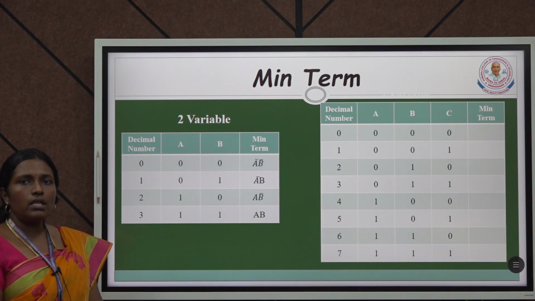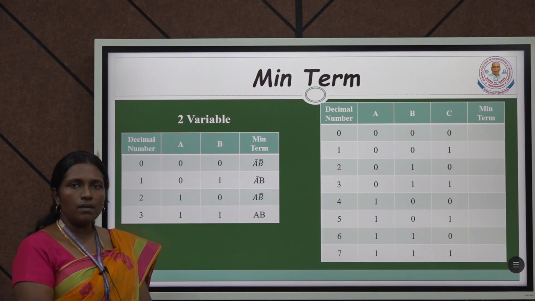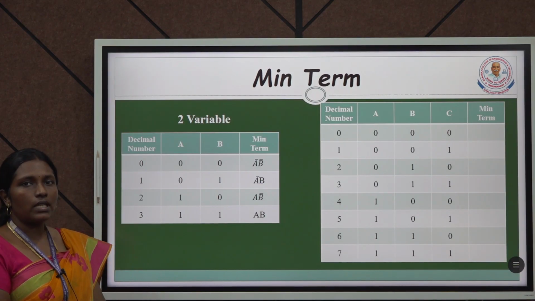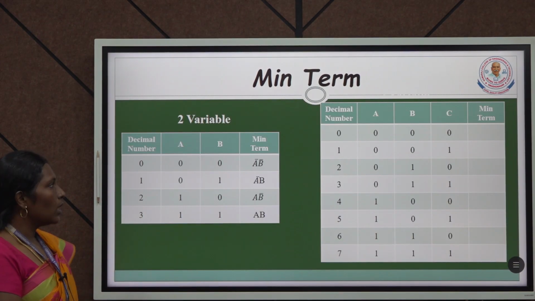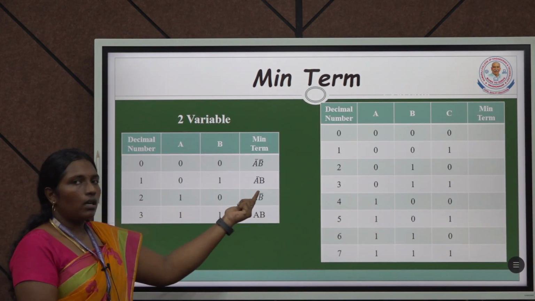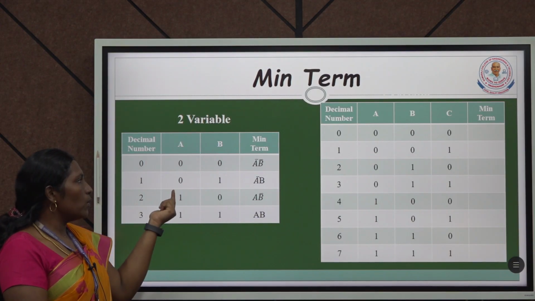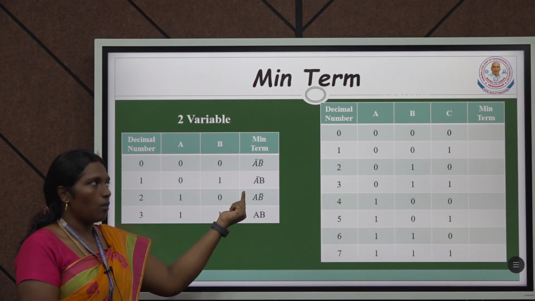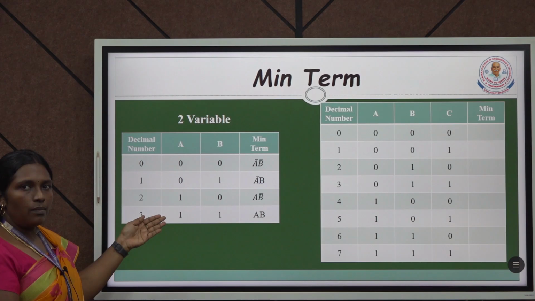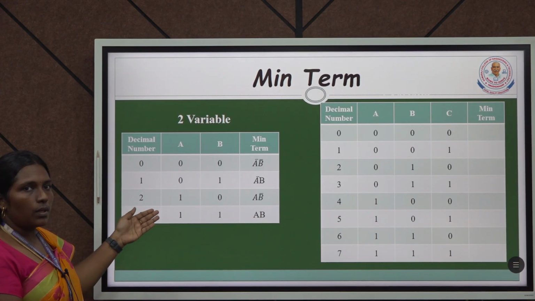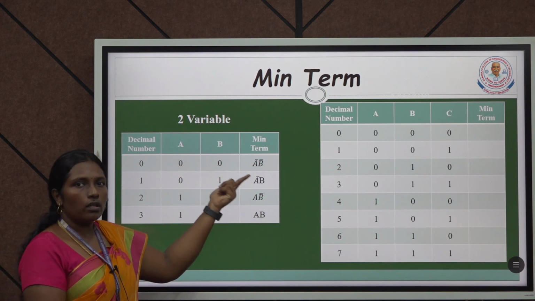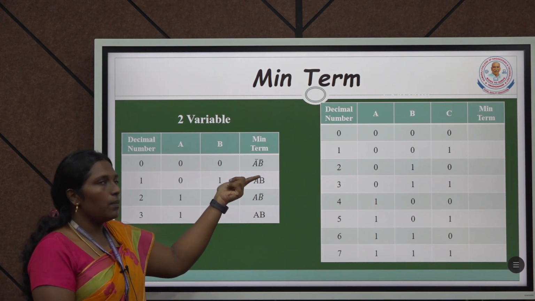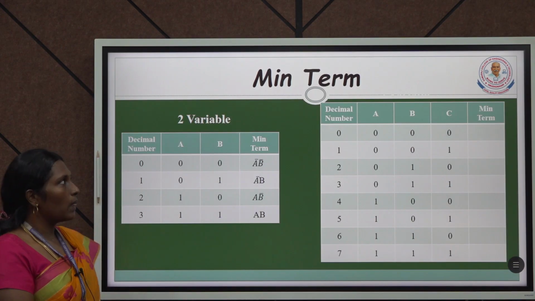A min term consists of the outputs as 1, so we will be calculating for 1 in min terms. 1 is in uncomplemented form and 0 is in complemented form. If you see the truth table, you can understand that 0, 0 is mentioned as a bar, b bar in terms of min term.